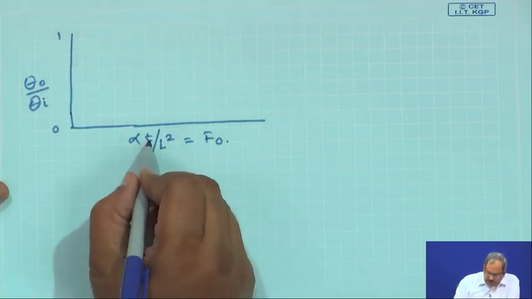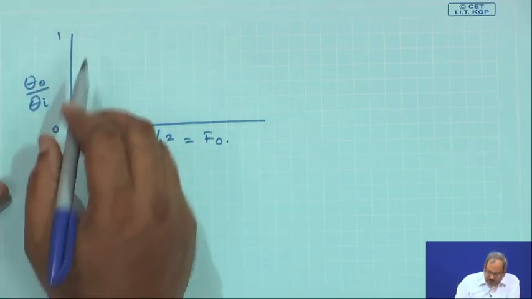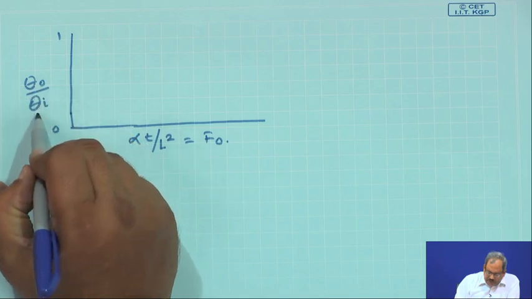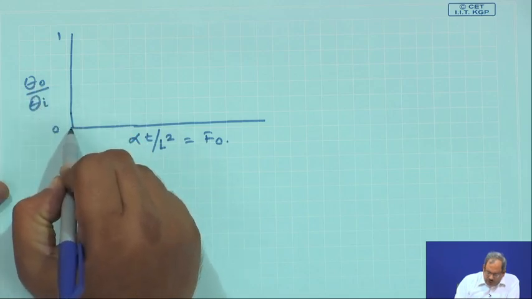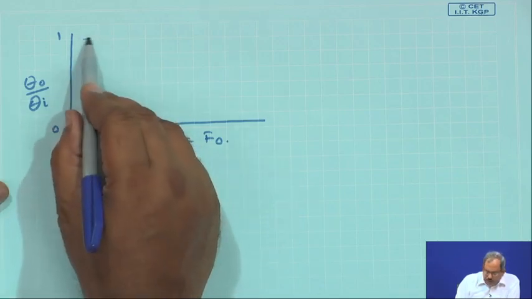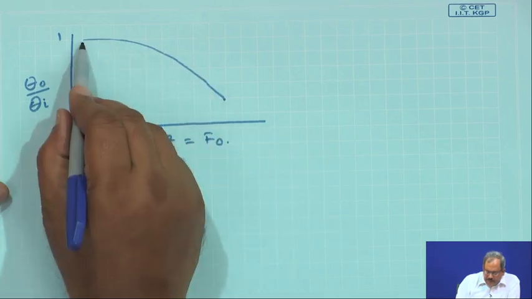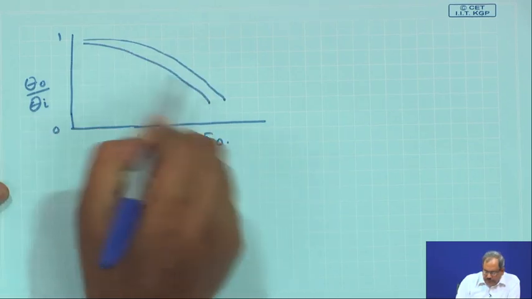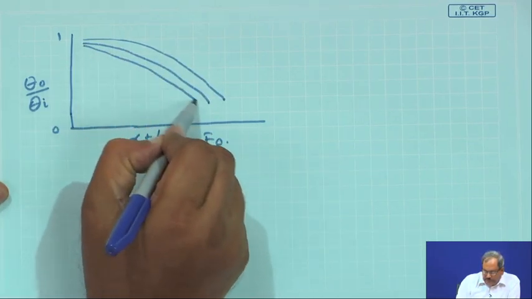So, at t equal to 0, that is at this point, theta 0 must be equal to theta I. So, all points in the solid will be at a constant temperature at time t equals 0. As the time progresses, you are going to get a family of curves like this.